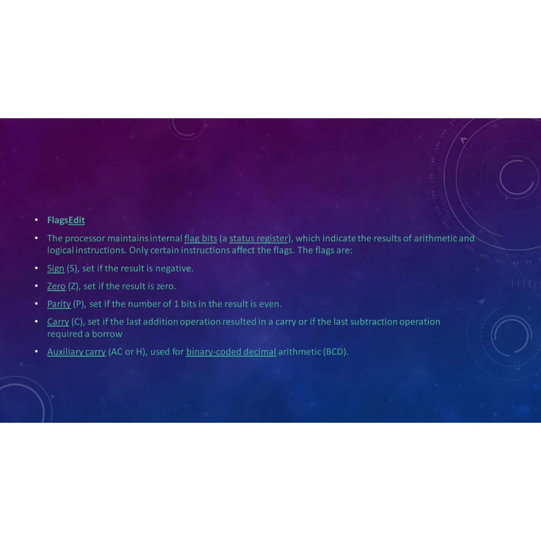Zero is set if the result is 0. Parity is set if the number of one bits in the result is even. Carry is set if the last addition operation resulted in a carry, or if the last subtraction operation resulted in a borrow. And auxiliary carry is used for binary coded decimal arithmetic.